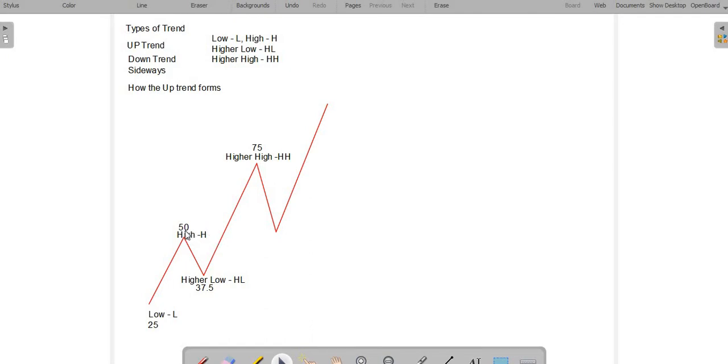The previous high is 50, and now 75 is higher compared to the recent high of 50. That's why we call it a higher high, HH. Now another correction will happen, which is a higher low, HL.